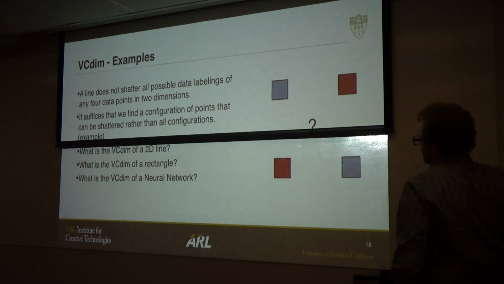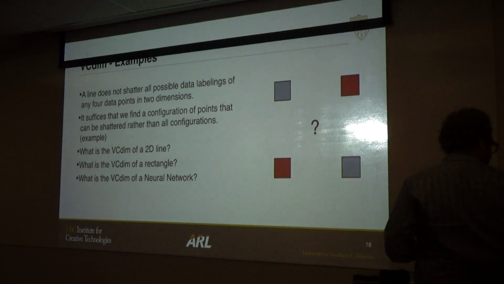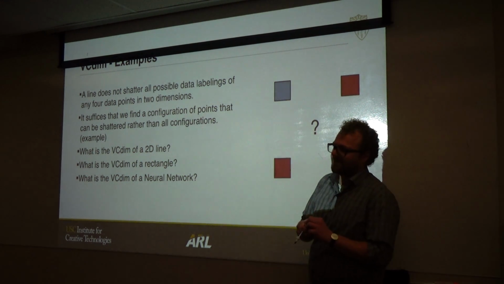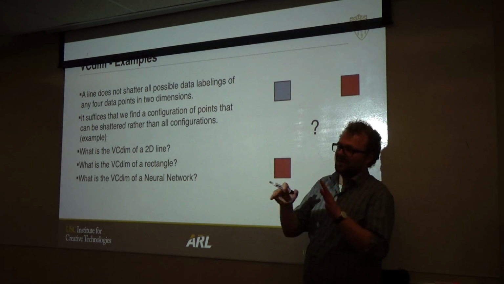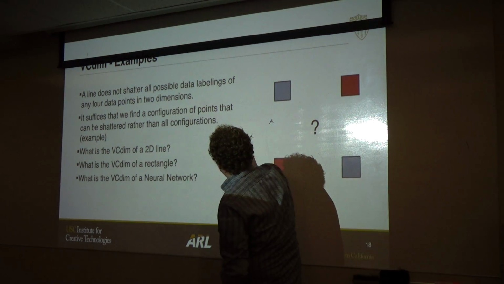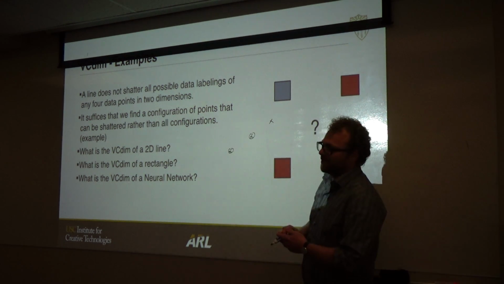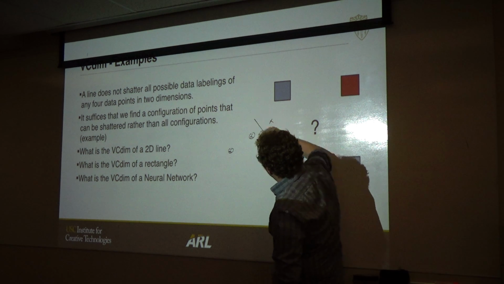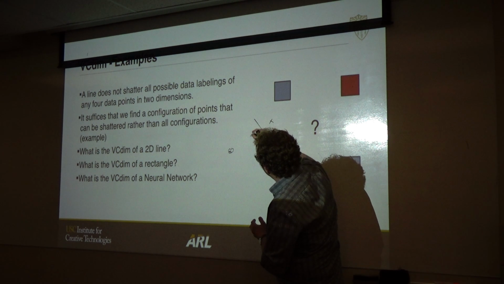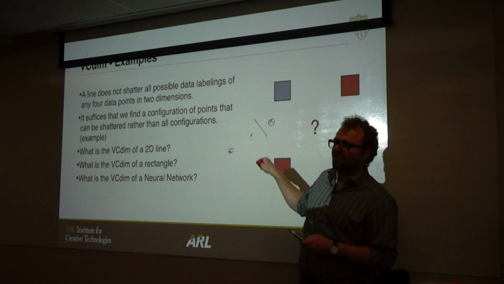It's important to note that a line cannot always shatter all 3 points. We can have 3 points that are on an exact line. So this could be a legal labeling, and I can separate it like so, but if this would actually be the labeling, I couldn't just draw a line through it.